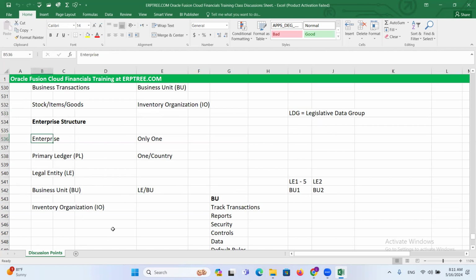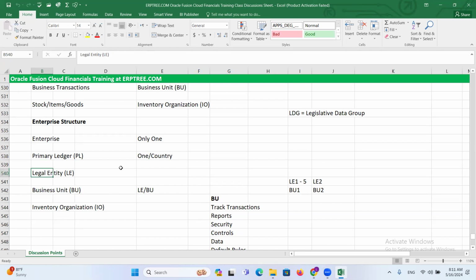But when you talk about enterprise, it would be only one. Primary ledgers, one primary ledger for each country. We can create more than one, but there is no need to create more than one primary ledger within one country. In one country, one primary ledger would be best practice.